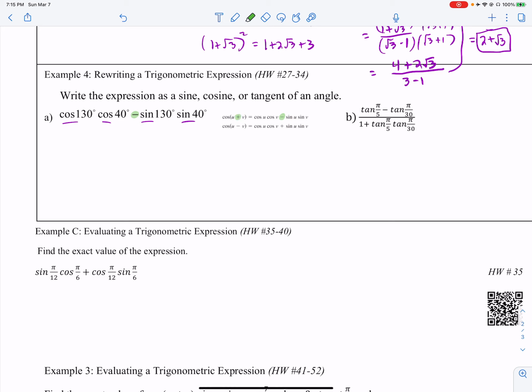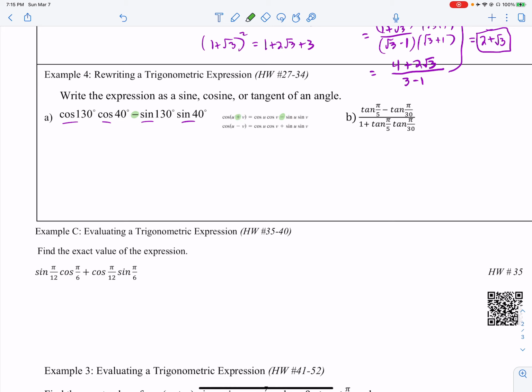And the u in this case, that u is pi fifths. And again, the numerator has subtraction, so this is subtraction. And the v is the pi 30ths. And then you just need to know that you can get a common denominator, multiply pi fifths by 6 over 6.